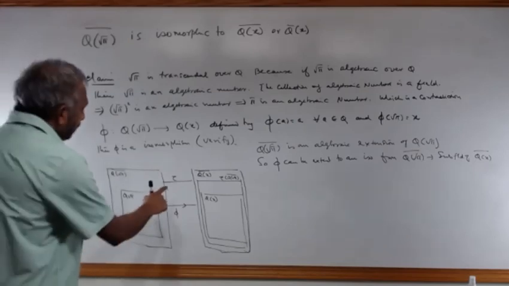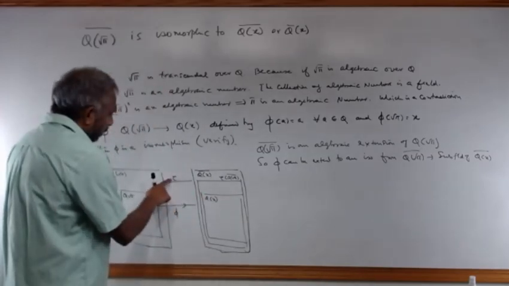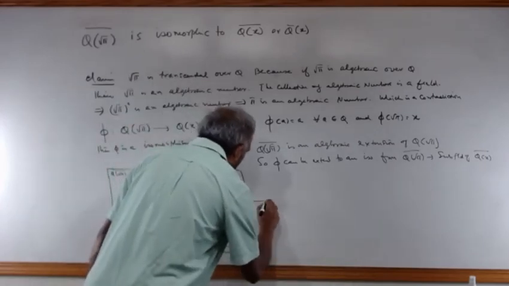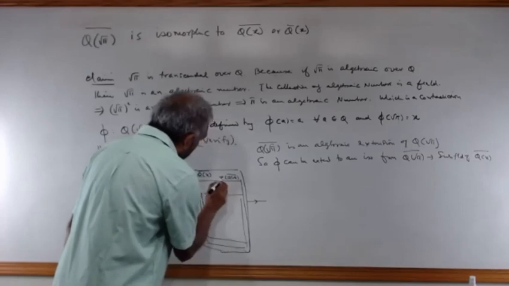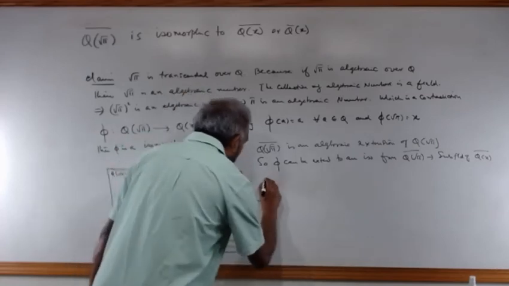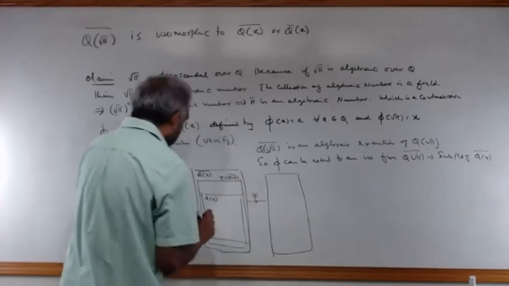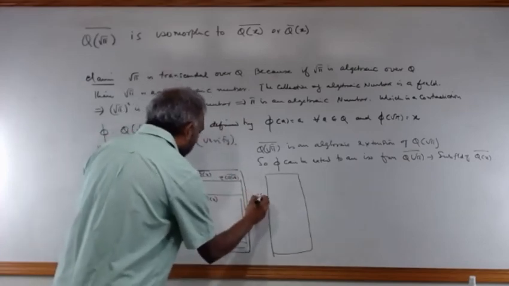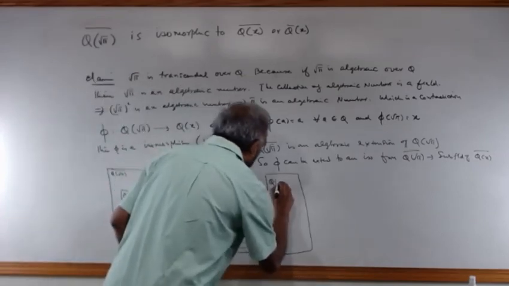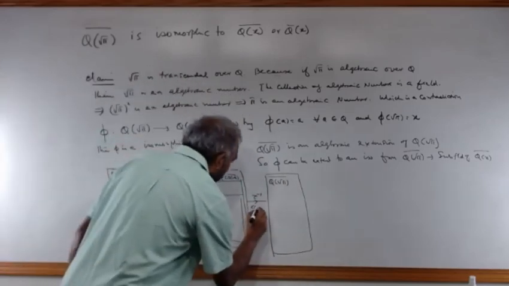Now we can talk about the inverse of tau. That is from this subfield, tau of Q of root pi closure, to the whole of Q of root pi closure. This is tau inverse, and this is an onto function.